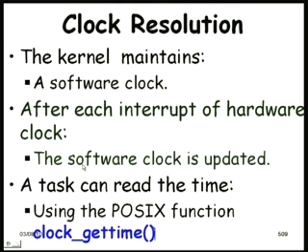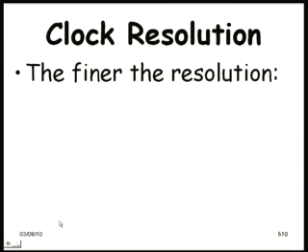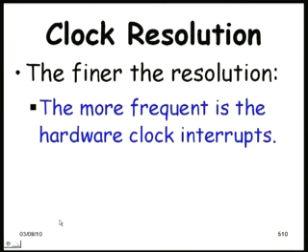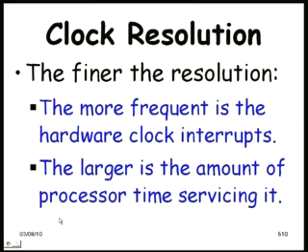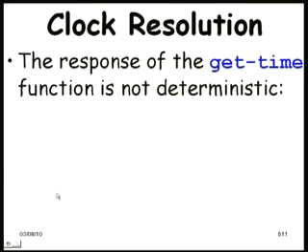whenever we try to get the clock time, we need to invoke a function. We do not directly read the clock time, because it is an operating system function, for example, clock get time. So, let me just discuss that. The response to a function invocation is not deterministic.